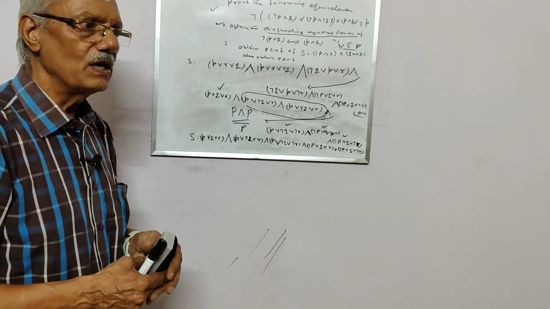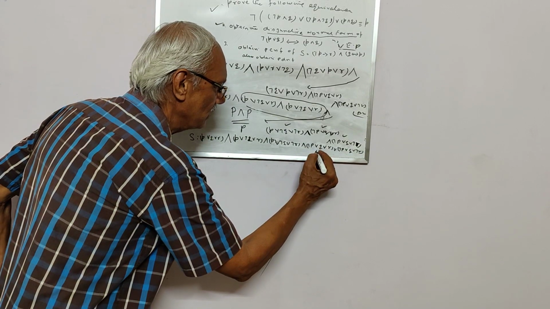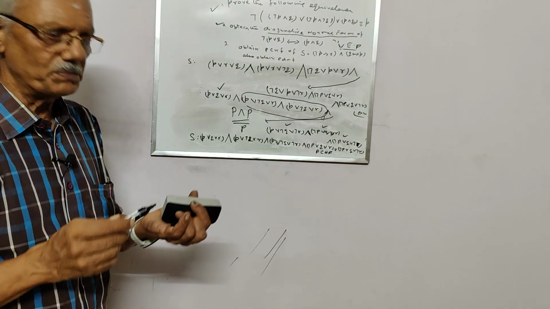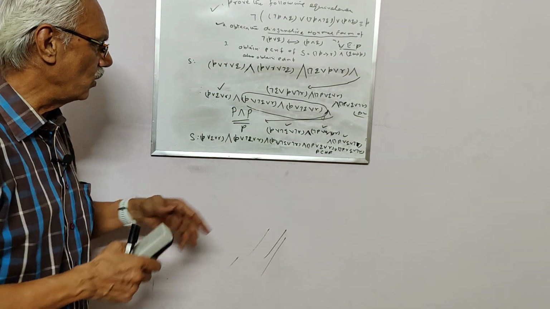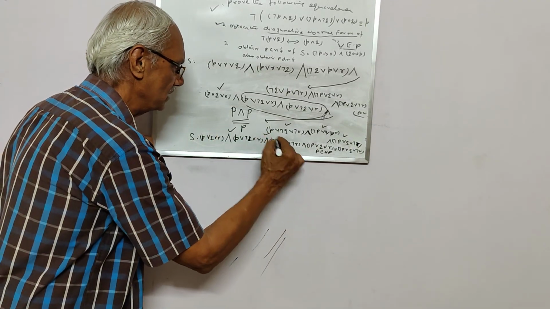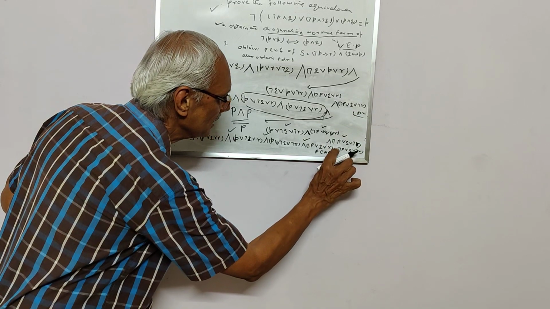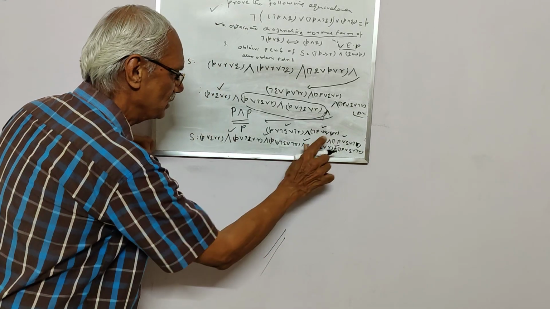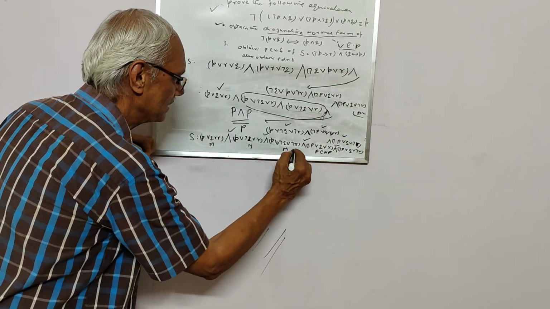Now you see that this is your principal conjunctive normal form. Why is this called principal conjunctive normal form? Because conjunctive means all this intersection. See, this is conjunction, this is conjunction, this is again conjunction. So it is a conjunction of max terms: this is a max term, this is a max term, this is a max term.